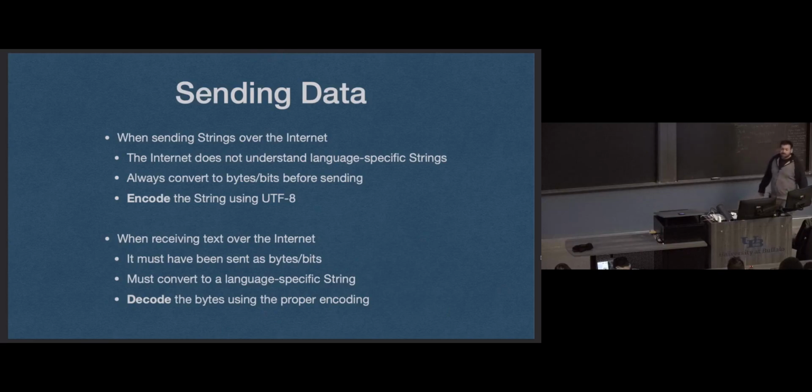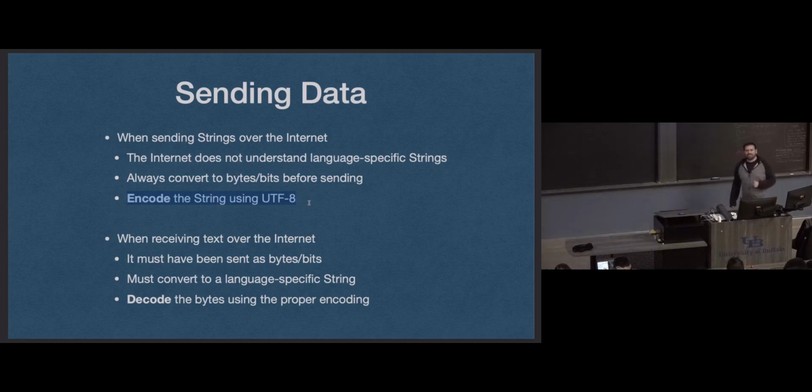So we want to send strings over the internet. We have a language-specific string, and we need to convert it, encode it using UTF-8. We encode the string into a byte array, encode it as UTF-8, and then send the bytes over the internet. That's our ones and zeros as bytes.